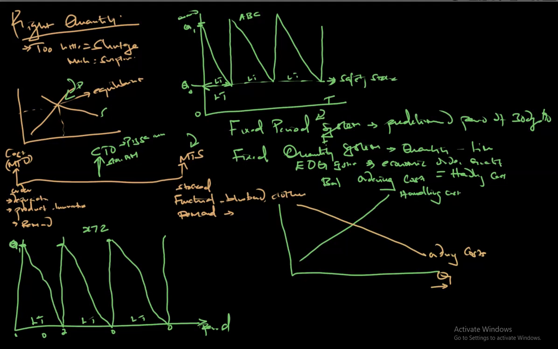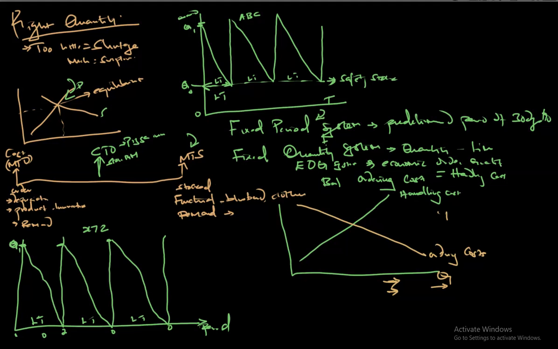The larger your quantity of order, the lesser your ordering cost per unit. Again, we go back to the economies of scale. I'll repeat, as the quantity increases, the handling cost per unit increases, while the ordering cost per unit decreases because of bulk buying.